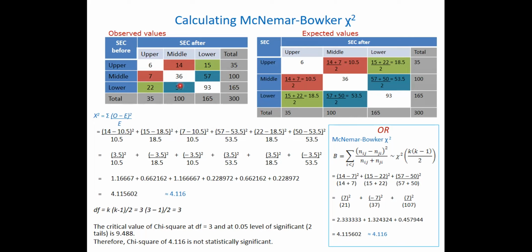Can you see? So the logic here now is that you will see a trend from this table. The number of concordant cells will be equal to the number of categories. You have 3 categories of the outcome: upper, middle, lower. And that's why the number of concordant cells is 3. Now there's another thing. The discordant cells occur in pairs, and it's the same thing, 3 pairs of discordant cells.